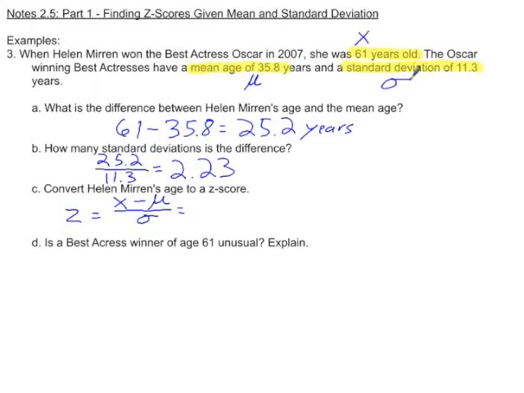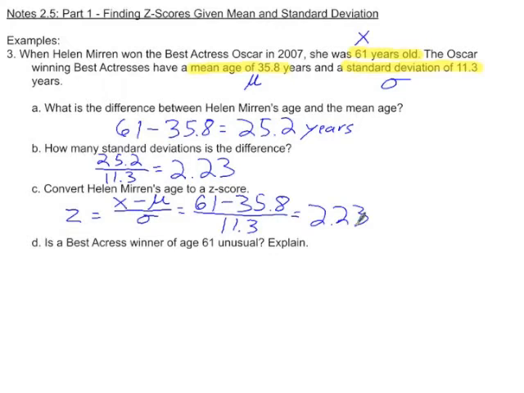So our data value is 61, that's her age. The mean is 35.8, and the standard deviation is 11.3. Now this calculation also comes out to 2.23.